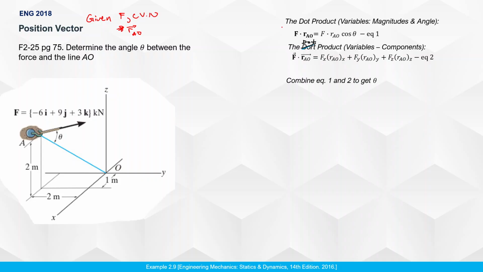Maalala niyo yung previous dot product lesson. Basically, two vectors A and B, whether force or position vector, the dot product is equal to the product of magnitudes and cosine theta.